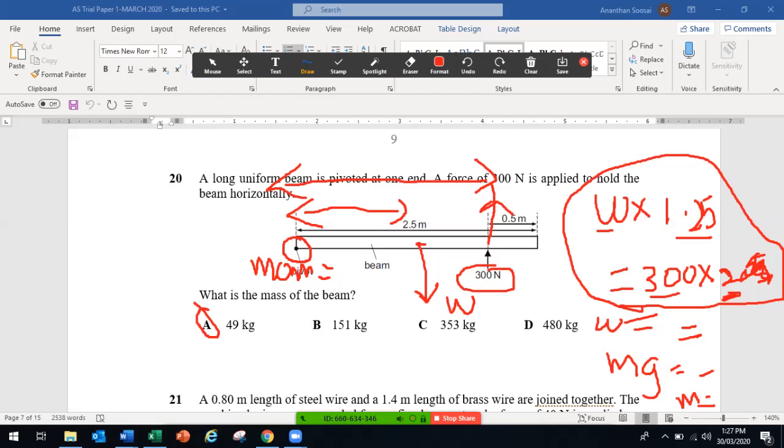Weight equals mass times g, and you want to find the mass, so I need to divide by 9.81 and you get the mass. Yeah. Okay, so you go to 8.